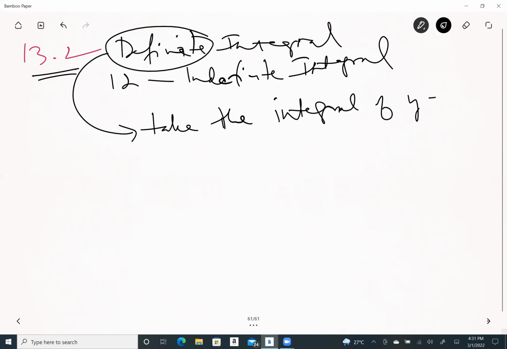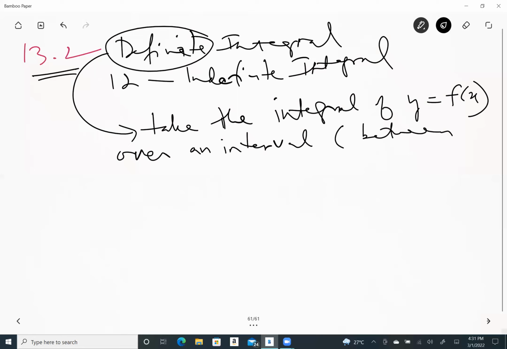y equal to f of x over an interval, or between 2 points.